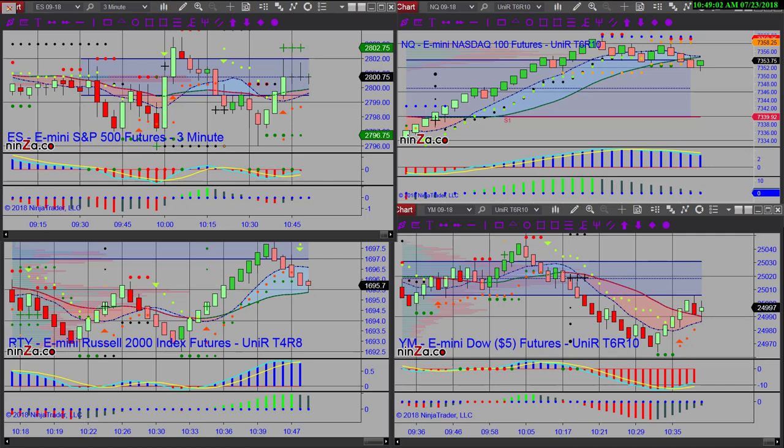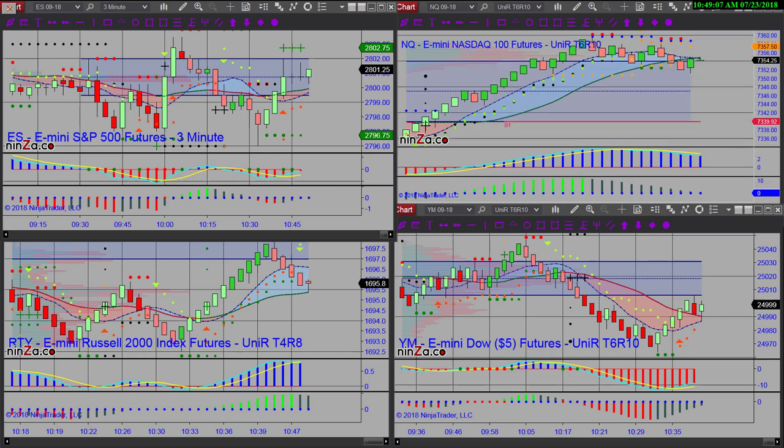Oil is kind of stabilizing. Russell's still pulling back. Oh, are we having fun yet?